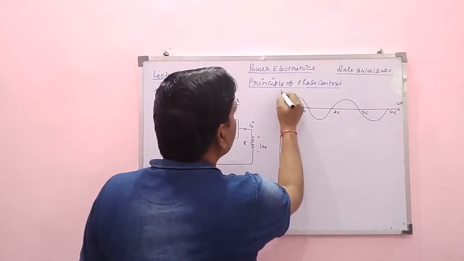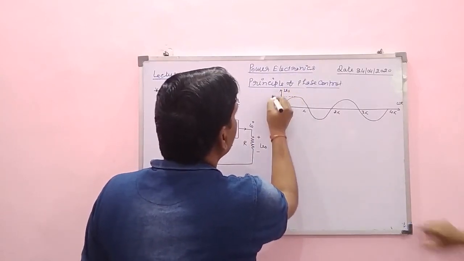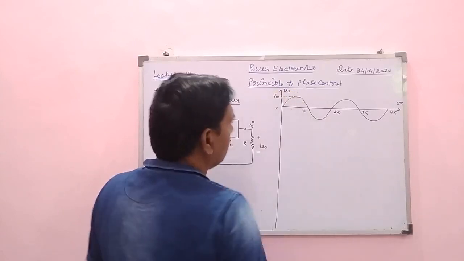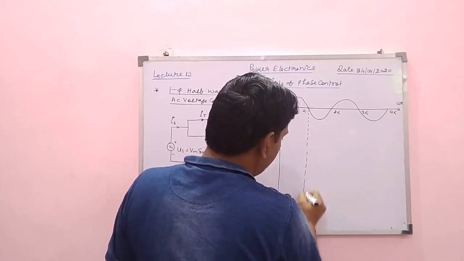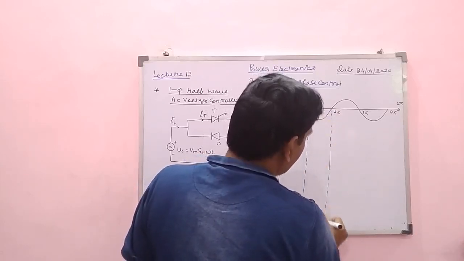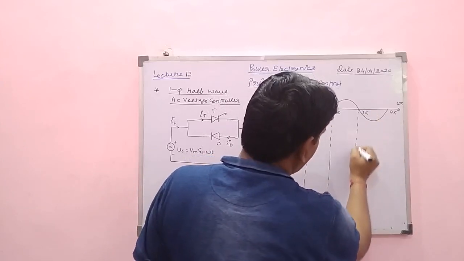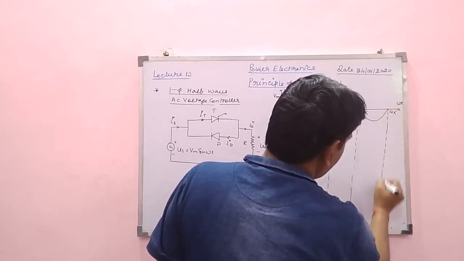This is Vs, and this is the peak value of the supply voltage. Now we will draw the lines from pi, 2 pi, 3 pi, and 4 pi like that.